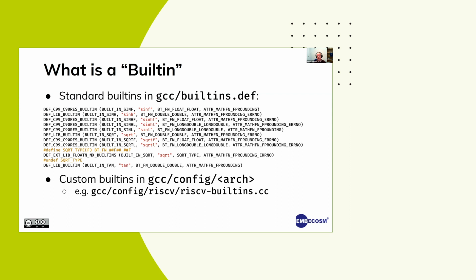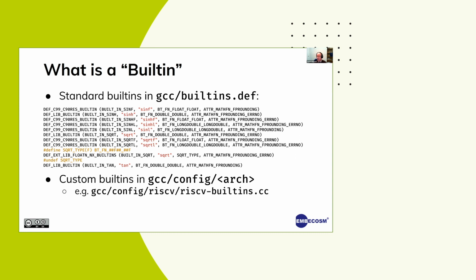And there are loads of standard built-ins. So if you go to the GCC source tree and look in the file gcc/builtins.def, which looks a bit C-like, but it's a definition file, so it's not true C. And you will see a whole load of macro calls to define various built-in functions. So you can see in the middle there, DEF_C99_C90RES_BUILTIN. So this is specifically the macro for generating built-ins specified by the C90 and C99 standards. And you'll see built-in sqrtf.